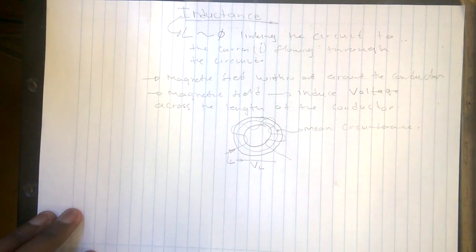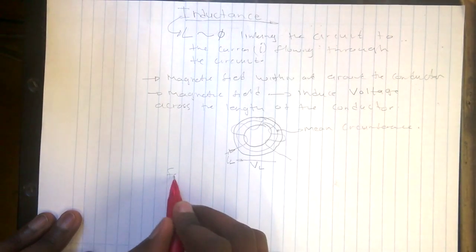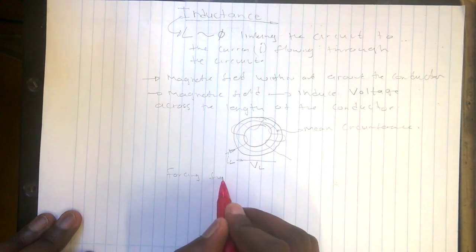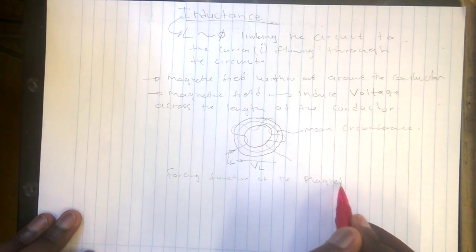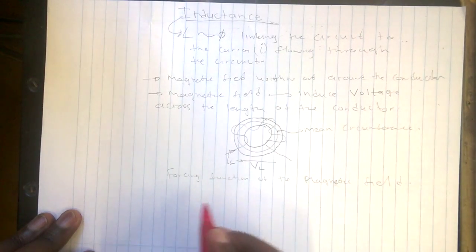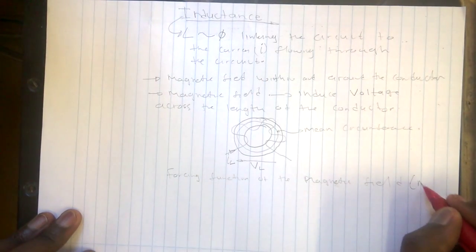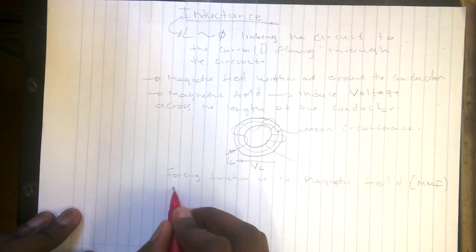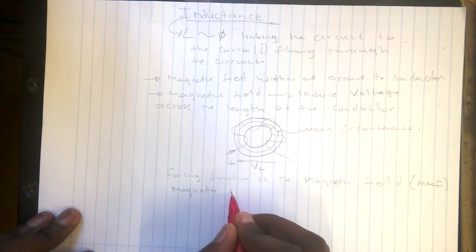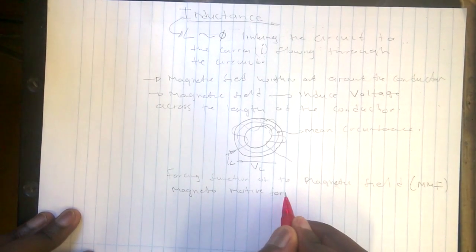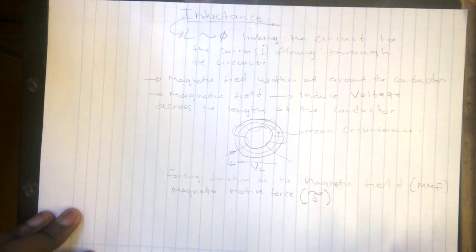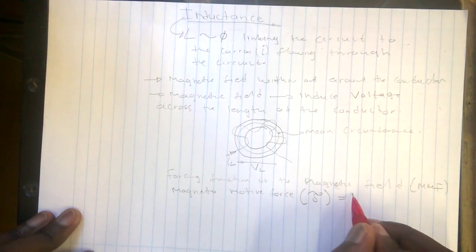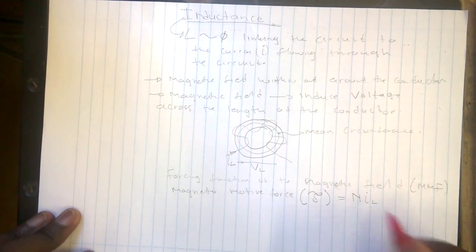we're going to define the forcing function of the magnetic field, which is called MMF, which is magnetomotive force, and is represented by this sign here, and then its formula is equal to number of turns multiplied by current through the inductor.